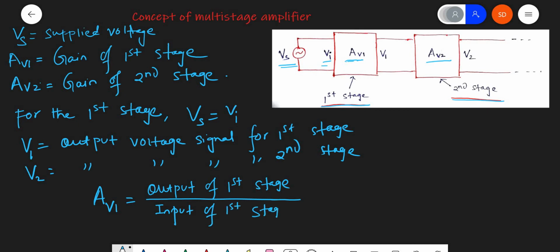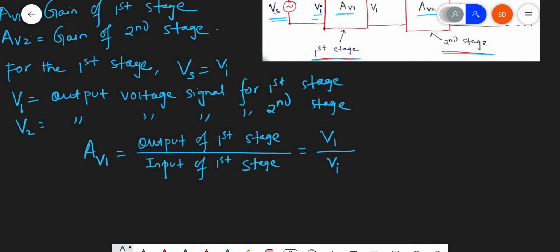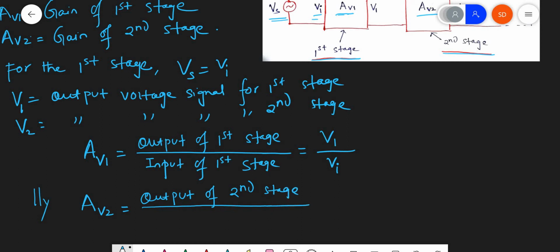The output of the first stage is V1, and the input of the first stage is Vi. Similarly, AV2 is the output of the second stage divided by the input of the second stage.